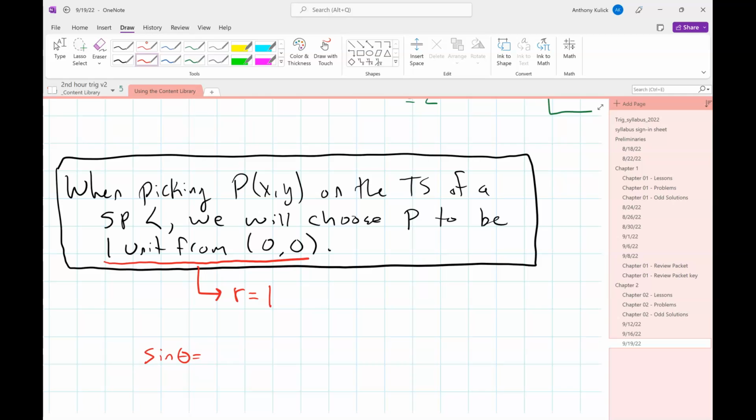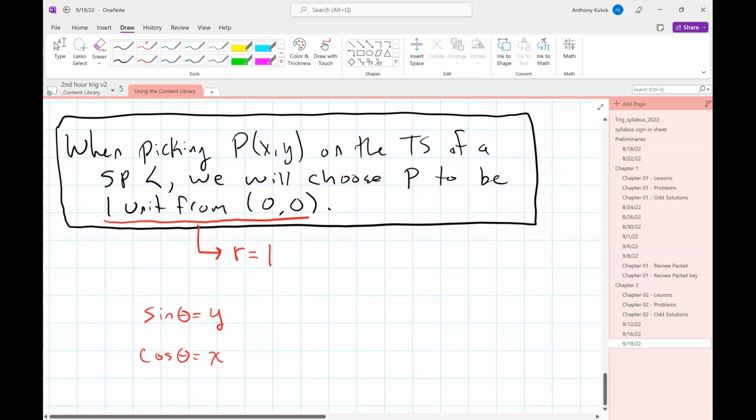Sine theta becomes, instead of y over r, y over 1, or just y. Cosine theta becomes, instead of x over r, just x. Tangent doesn't change because it was already y over x.